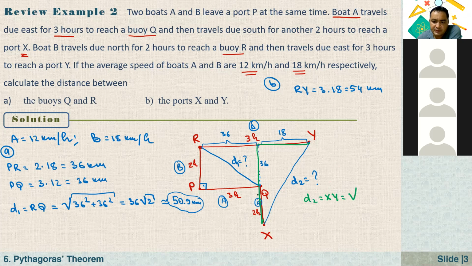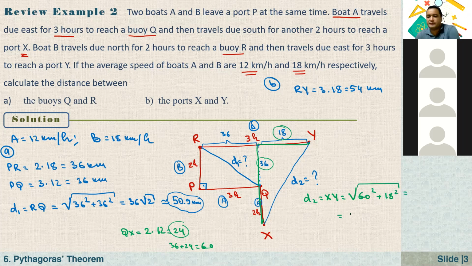What is QX? QX is equal to 2 hours times the speed of A, that is 12. That's equal to 24. So 36 plus 24, the whole distance, is equal to 60. So here we have 60 squared plus 18 squared.